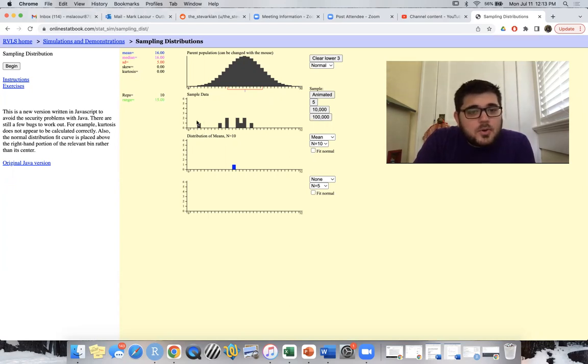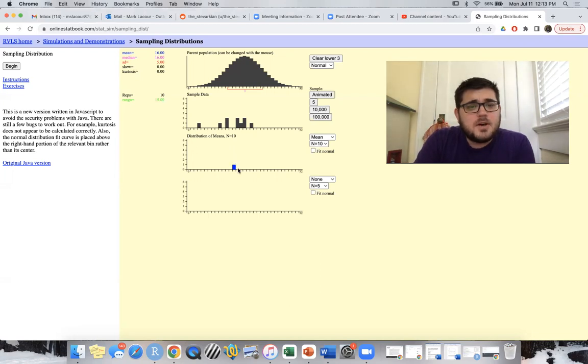We got one really low data point. We got a bunch of other data points that were drawn at random more towards the middle of the distribution. That makes sense. Stuff towards the middle is more likely. But because we got this really low number in our sample, our mean ended up being slightly lower than the population mean.